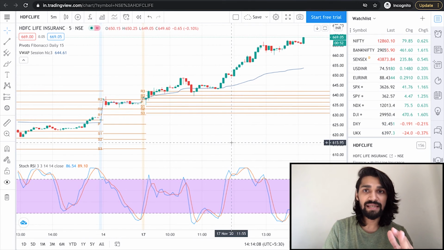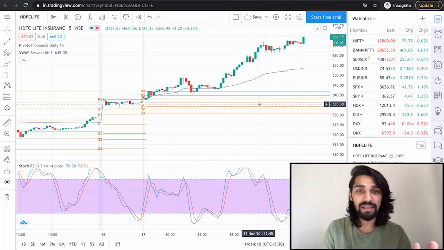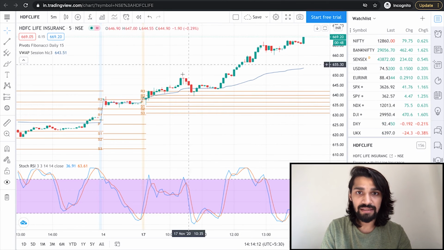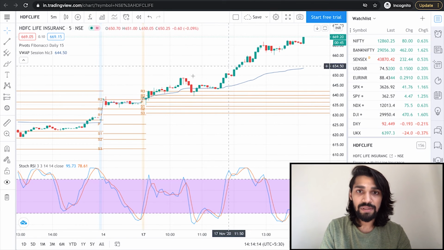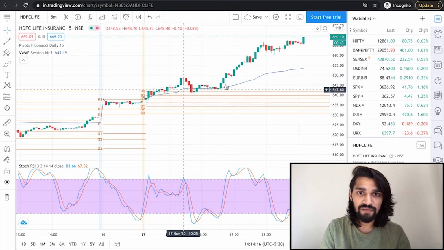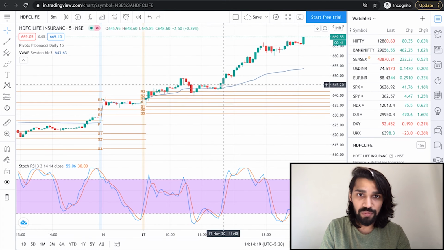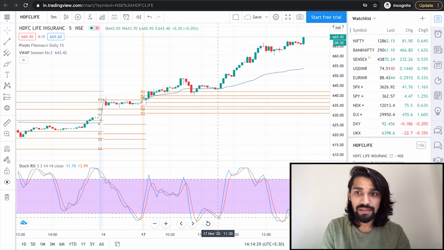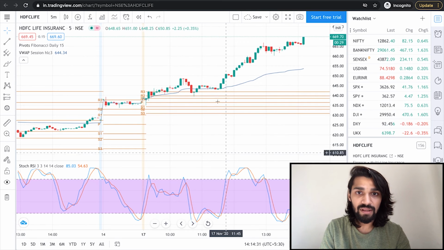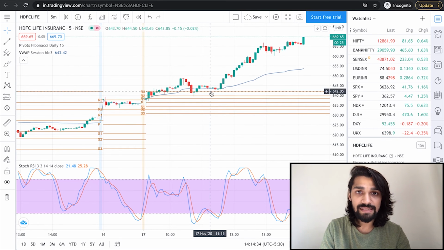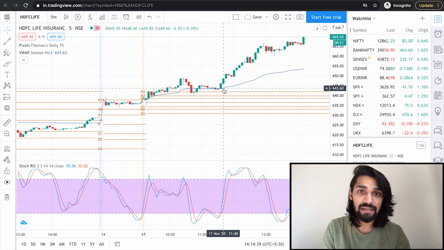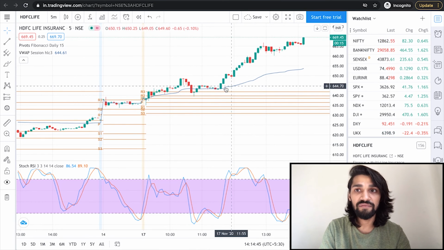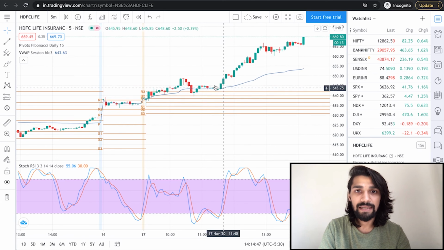So if you see here, this is a live market, right? There is a sort of double bottom pattern here, which broke over this point. And at this point, if you see, there was a buy signal by this stochastic RSI. It broke all the resistance that were there, and it also gave a buy signal because it went above the VWAP indicator, right?